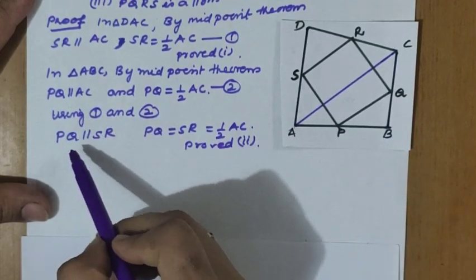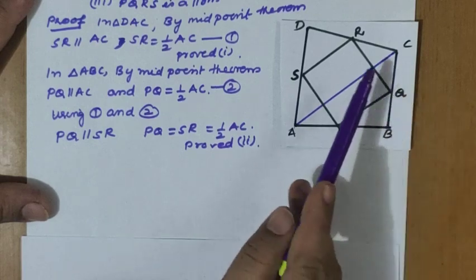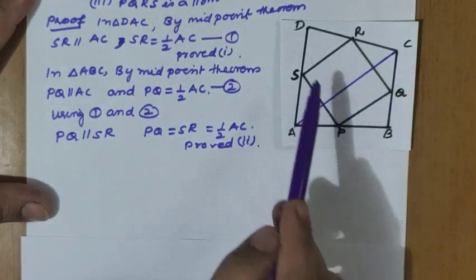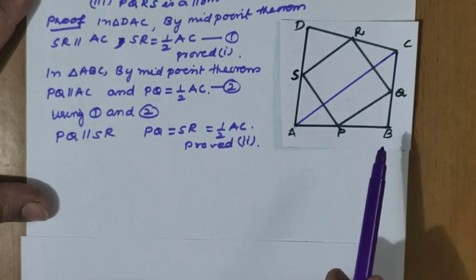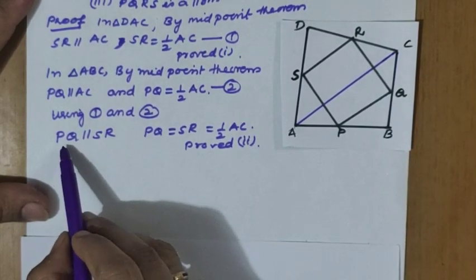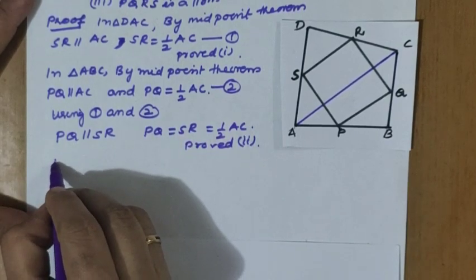Okay. Now PQ is parallel to SR. Similarly we can go for RQ and SP by joining the diagonal BD, but we are not going there. What can we write? PQ parallel to SR, PQ equal to SR. What is the conclusion here?